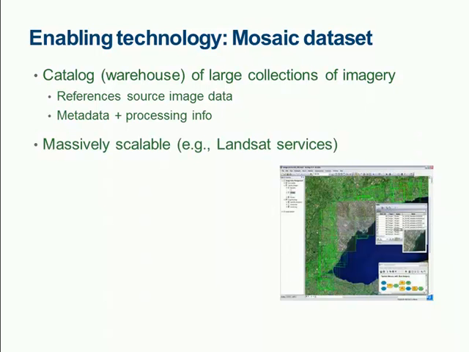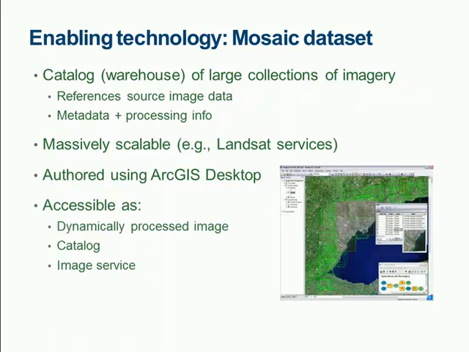The Mosaic dataset is stored in a geodatabase, so it can be very, very scalable for many, many users and very large datasets. Esri has recently published image services with Landsat data, including more than 2 million records in a single Mosaic dataset. And if time permits, we may have time to show that in a later demo. The authoring and management of the Mosaic dataset is done through ArcGIS Desktop, but users can access the data using other software.